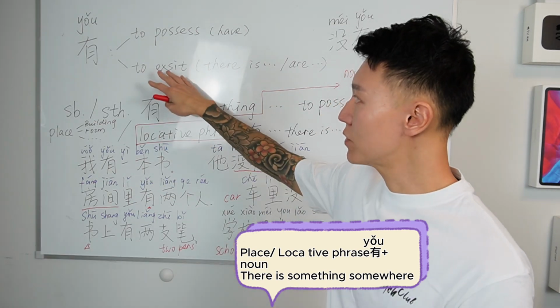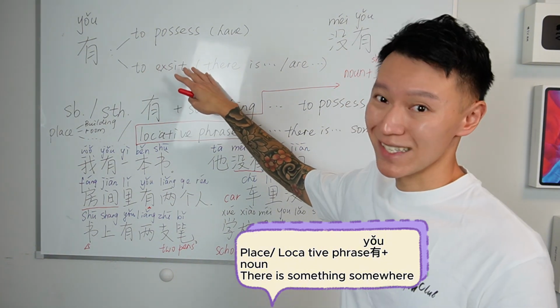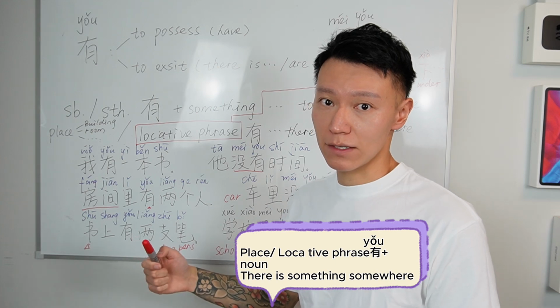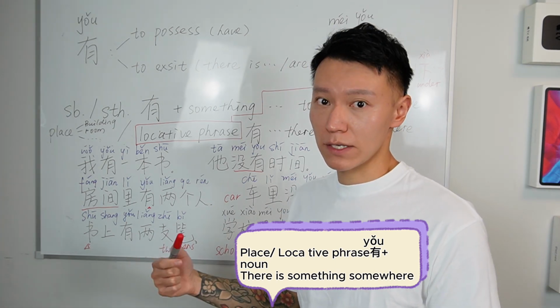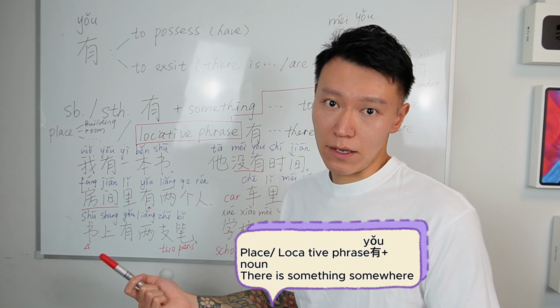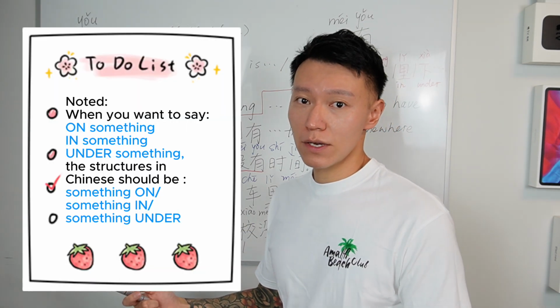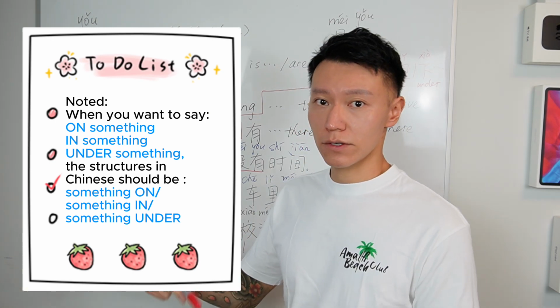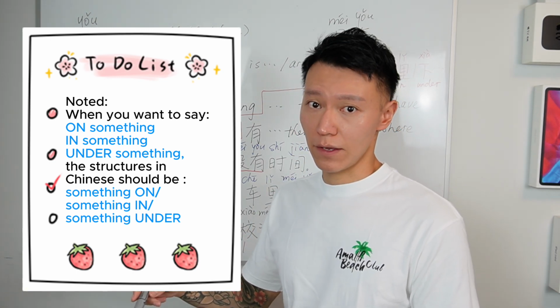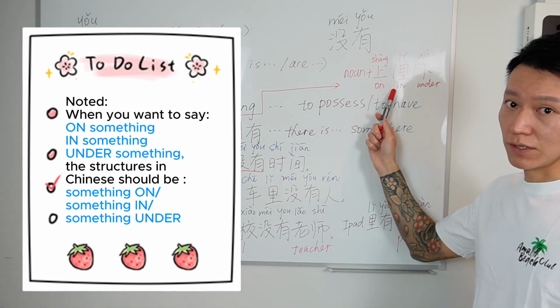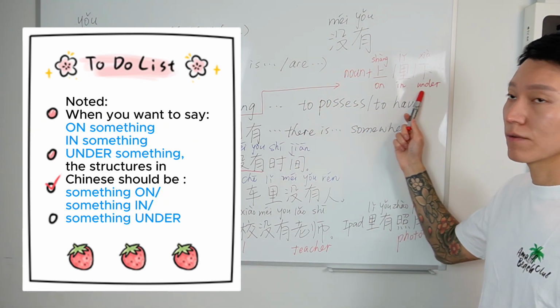But if you want to use 有 as to exist, so at the beginning of the sentence we need to use a noun that is somehow connected to the place. It could be a building, it could be a room. Or you can say on something, under something, or in something. Then you use the noun with those positions. And here we have 3 of them.